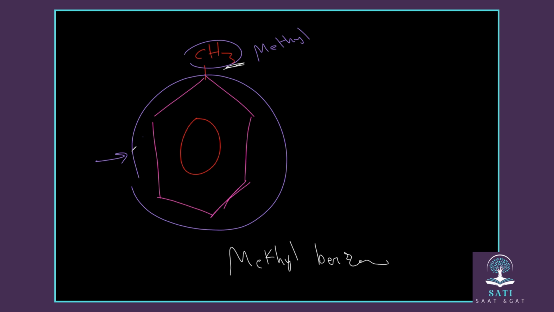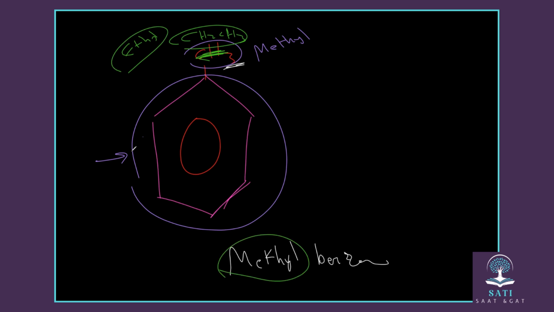Okay, what about if instead of methyl here, I add CH2CH3? This one is called now what? It's called ethyl. So if it is ethyl, instead of methyl, you write ethyl benzene. So just you name the additional one, then you go to the main one, which is benzene.